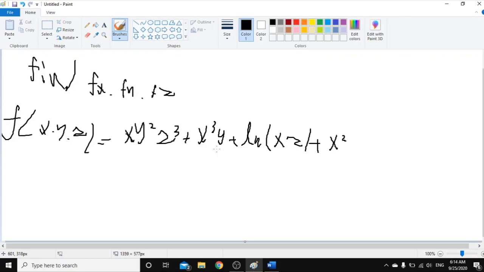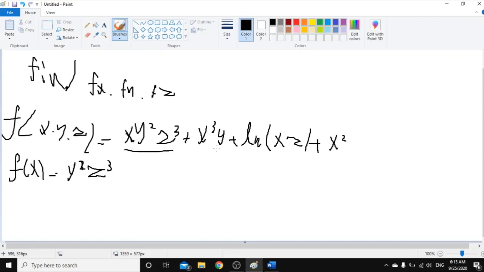Don't be afraid, it's not that big a deal. You just have to take the derivative or the partial derivative with every single variable, with respect to x, with respect to y, and with respect to z. It's really not that difficult. Let's say here we want to take it with respect to x first. So here, the derivative of x is 1, so what's left here is y square, it's not cube, square z cube. Here we finished.